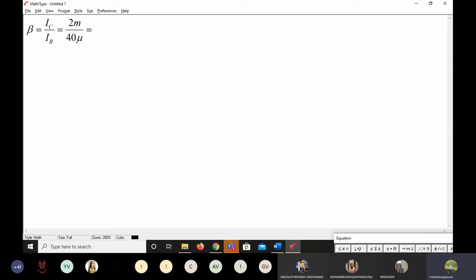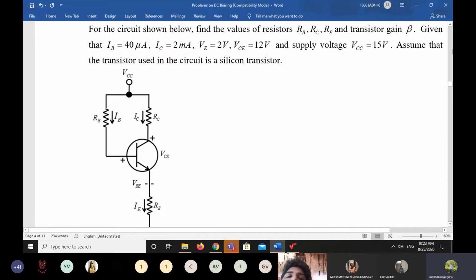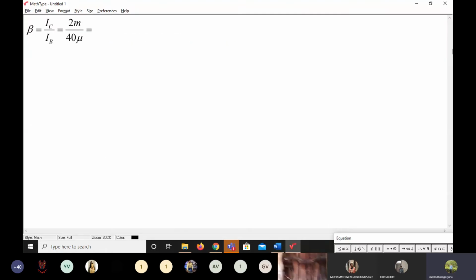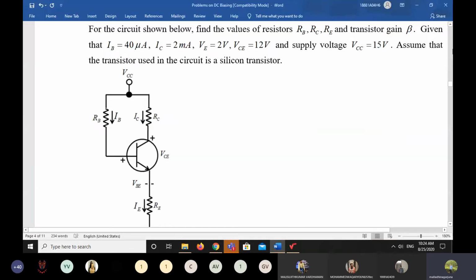So 2 milli by 40 micro, how much will we get? Around 50. Yes, the answer is 50. So beta is 50. So the transistor gain is over.